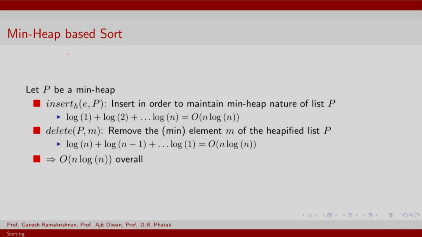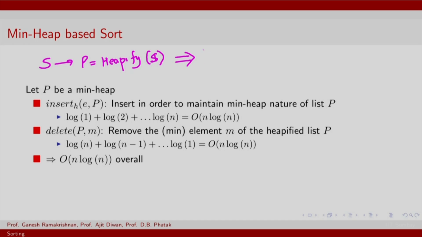So the idea behind min heap sort is to do the following: given the sequence S, convert it into P by calling the heapify function on S. Once we have that, you could use P to recover S as follows.